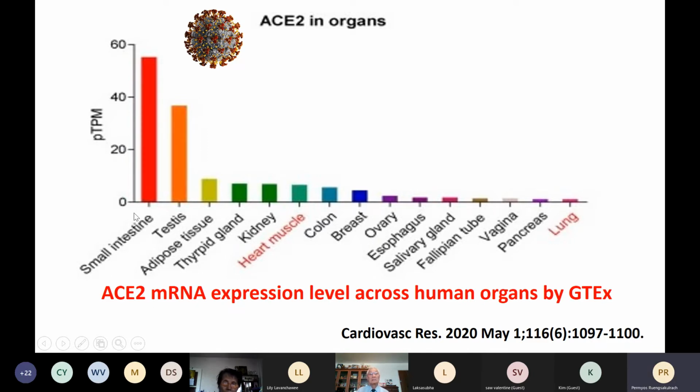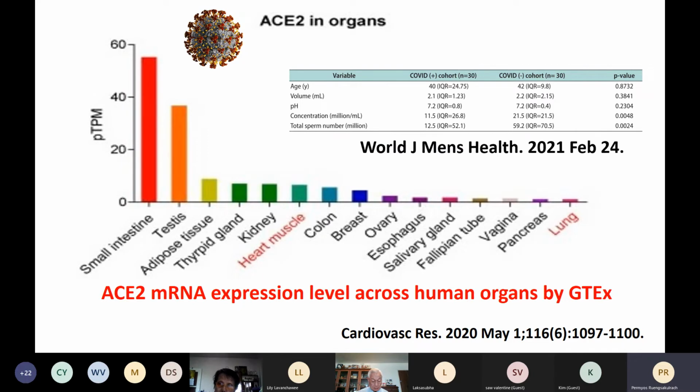And ACE2 is a receptor for many organs: the heart, the lung, the pancreas, the intestine, okay? That's why Omicron can cause many problems, but sometimes it's subclinical and you cannot detect it. But if you go to the lab, then you can detect some abnormalities.